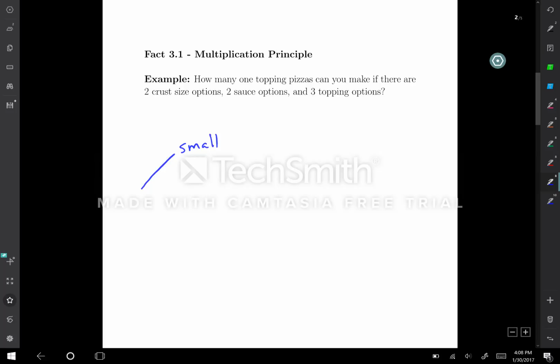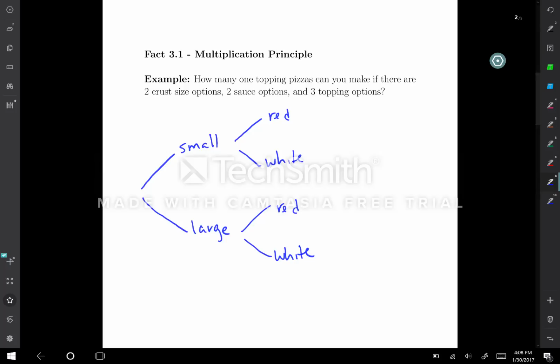There could be a small size and a large size. The next option we need to choose is our sauce. So maybe our sauce options are red and white. Lastly, we have 3 choices of toppings.